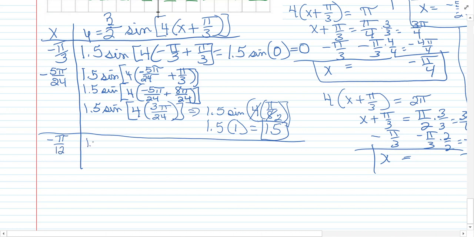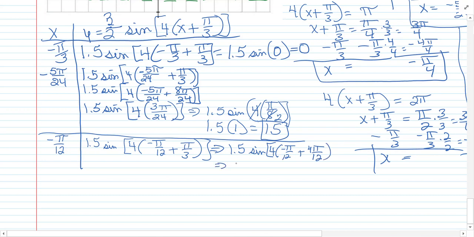So that's 1.5 sine 4 parenthesis negative pi 12ths plus pi thirds. So that's a common denominator of 12. That's 1.5 sine 4 parenthesis negative pi 12ths plus 4 pi 12ths.